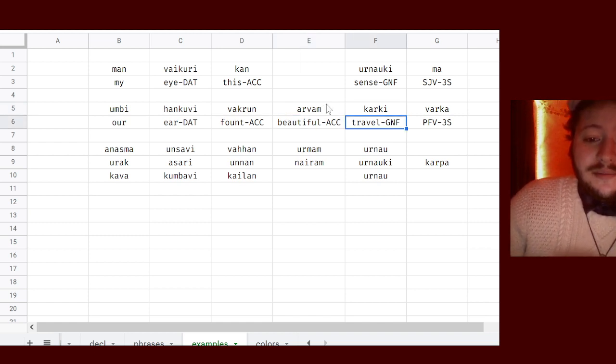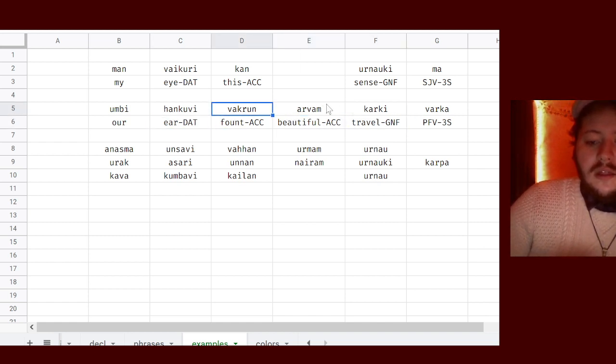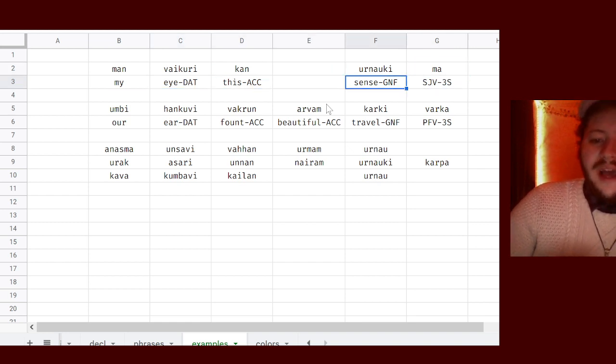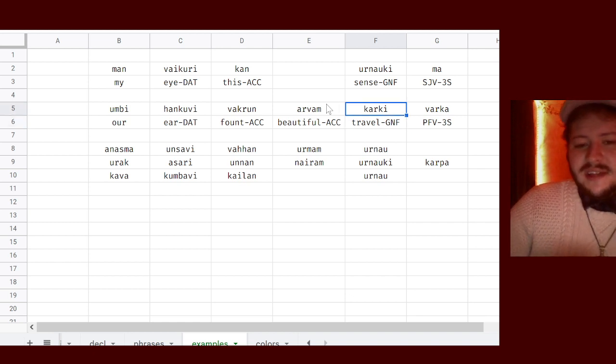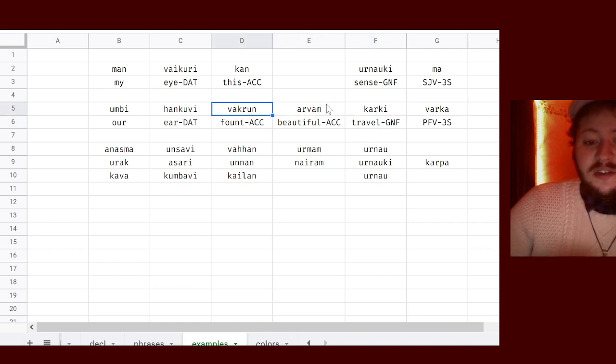So it's like the image of this is sensed in your eye, basically. It's sort of a weird passive thing going on here. Almost. It's not actually passive, but it's that sort of idea because there's no subject.